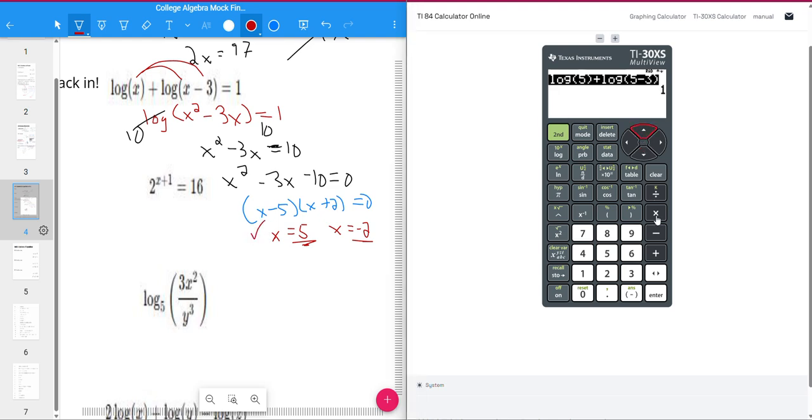But then when I plug in negative 2, let's just type it in separate. So log of negative 2 plus log of negative 2 minus 3. I get a domain error because right here I would have log of a negative number. Like right here I would have log of negative 2, can't have that. So my only solution here is this one.